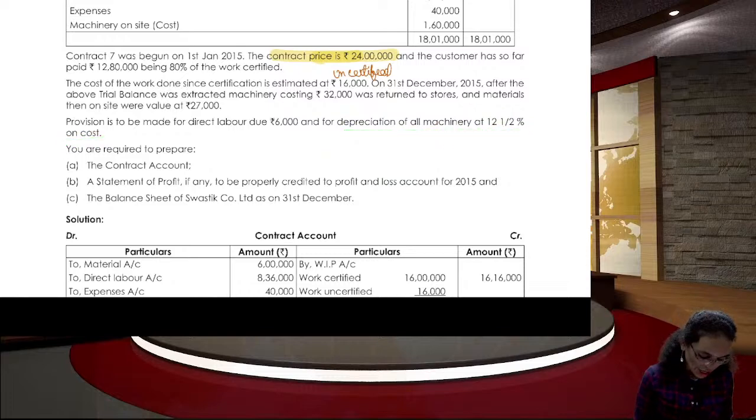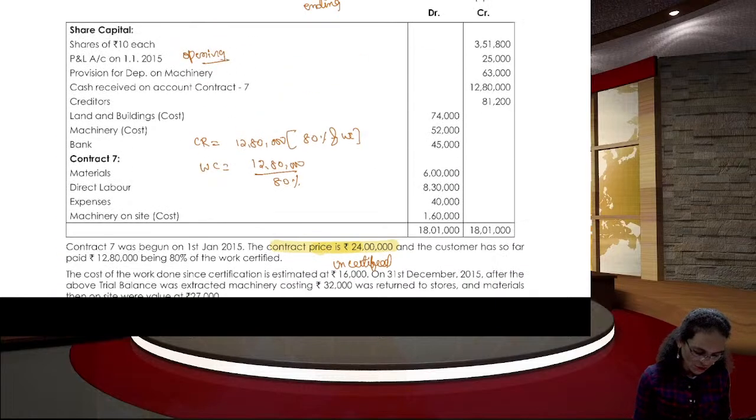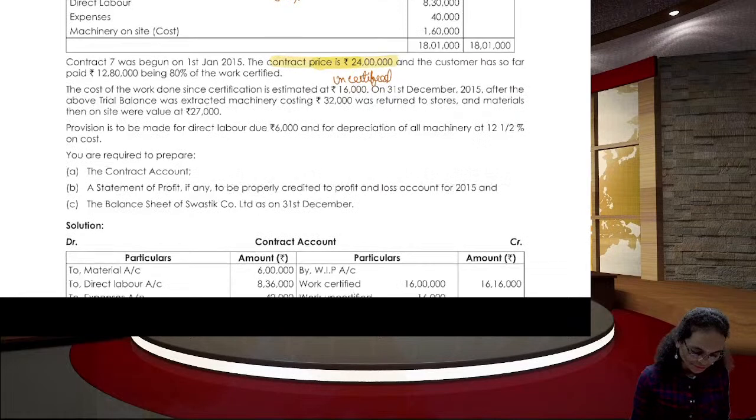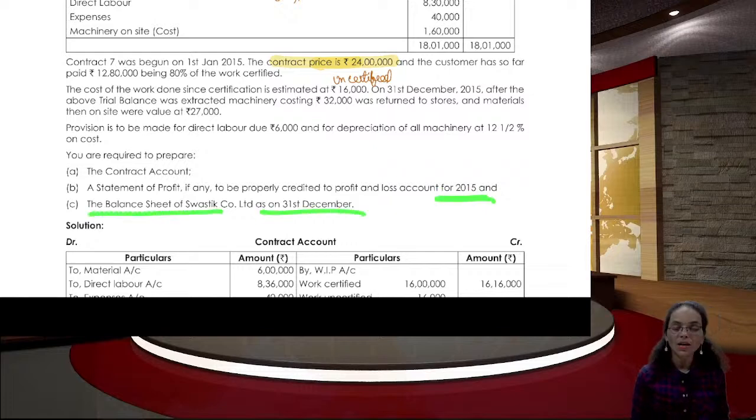Depreciation is also given. You are required to prepare the contract account, statement of profit, if any, to be properly credited to the P&L, and the balance sheet of the company as on the closing date. Guys, this is also an important problem. I can tell you, you can expect this type of problem also in the examination.